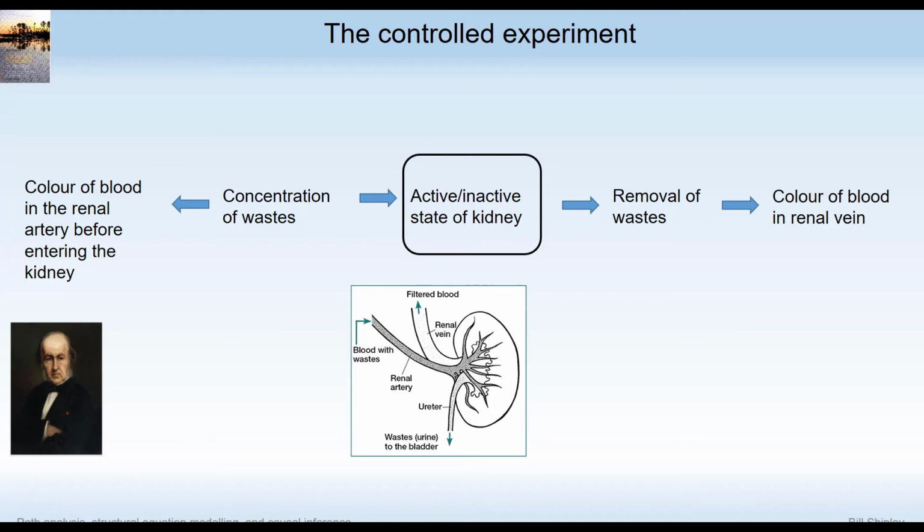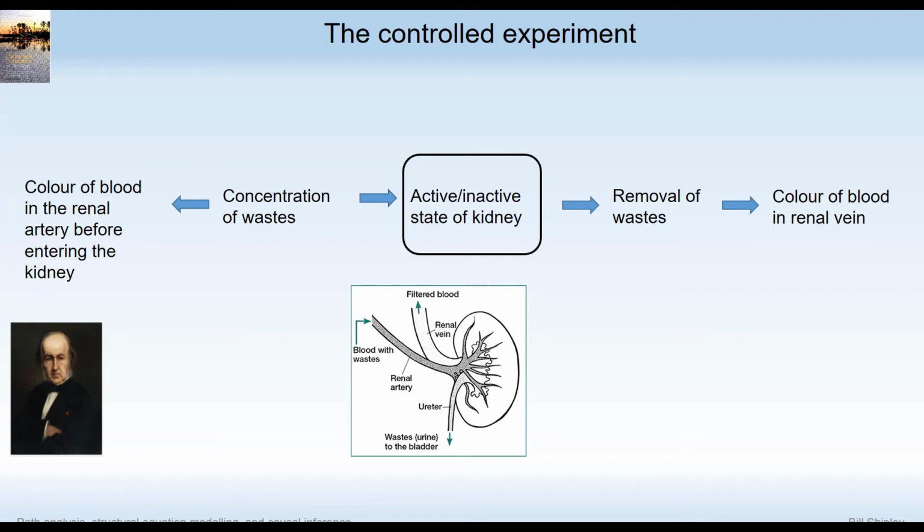And he noticed that the color of the blood coming into the kidney through the renal artery is different than the color of the blood that leaves the kidney through the renal vein. And he could also observe whether the kidney was actually being active or not by seeing whether urine waste was being produced and excreted through the ureter.